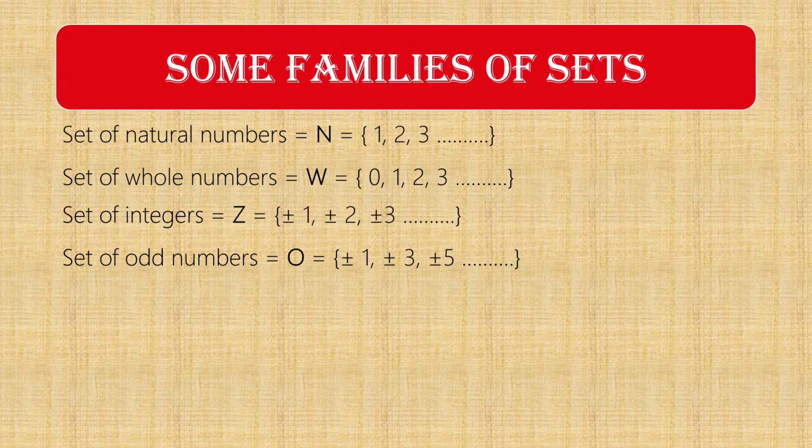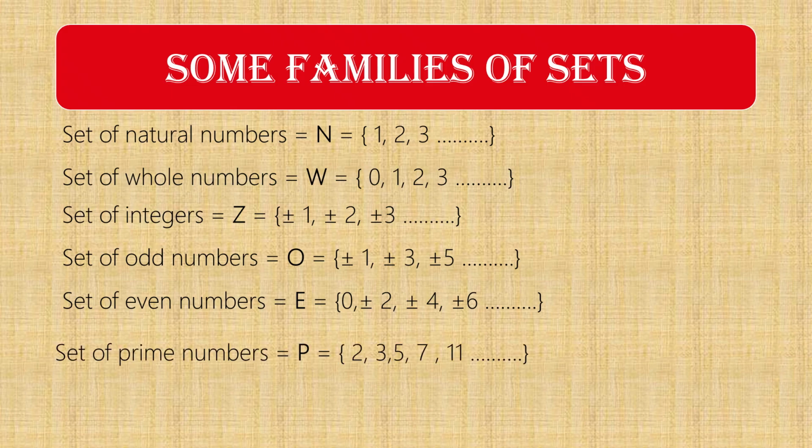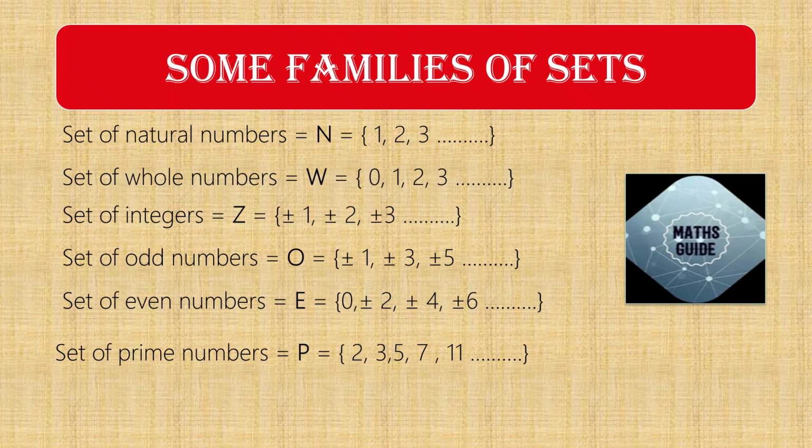All positive and negative odd numbers are included in this set and it is denoted by the capital letter O. The set of even numbers: all positive and negative even numbers are in this set and it is denoted by the capital letter E. Then we have the set of prime numbers. If a set contains all prime numbers, then it is called the set of prime numbers and it is represented by the capital letter P.